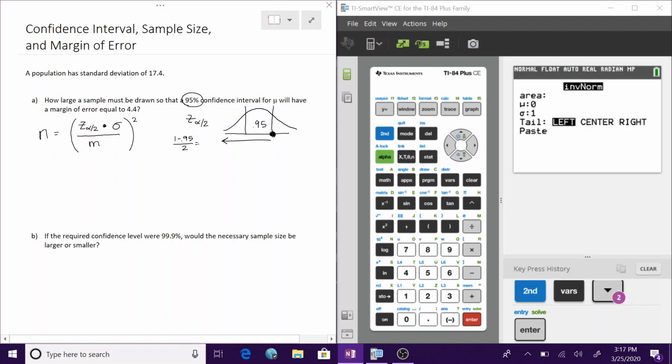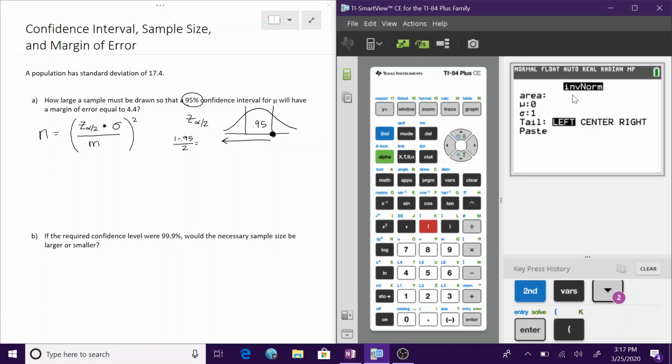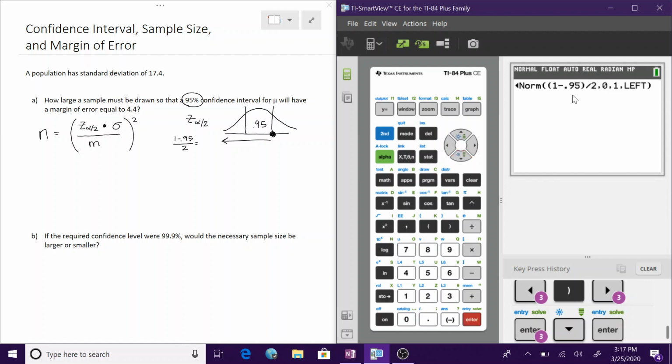Now I do this directly into my calculator, and I will show you that here. 1 minus 0.95 divided by 2. The cool thing is then you can go all the way down to paste and press enter.